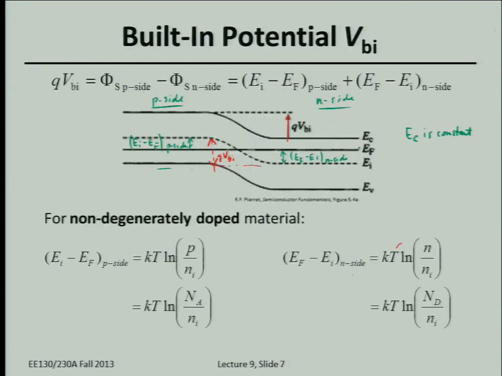So let's just write this in. QVBI, which is the sum of these two green arrows, is going to be equal to KT times the natural log of NA over NI, plus KT times the natural log of ND over NI.